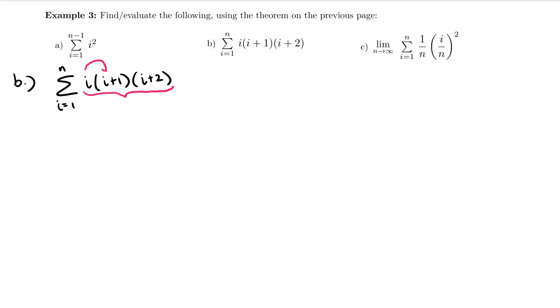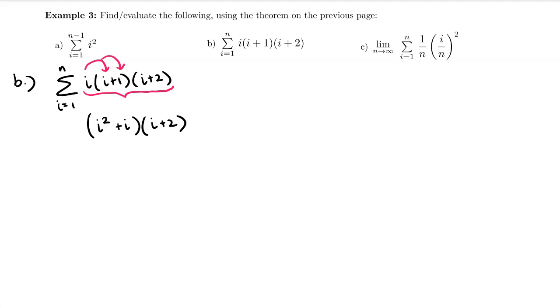So I'm going to distribute I into that first set of parentheses. If we do that, we get I squared plus I. And then I want to multiply out I squared plus I times the quantity I plus 2.